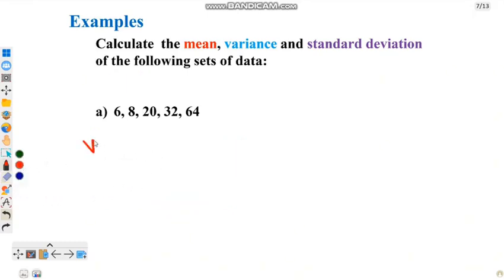We use the formula where variance is equal to summation of x squared over n minus mean squared.